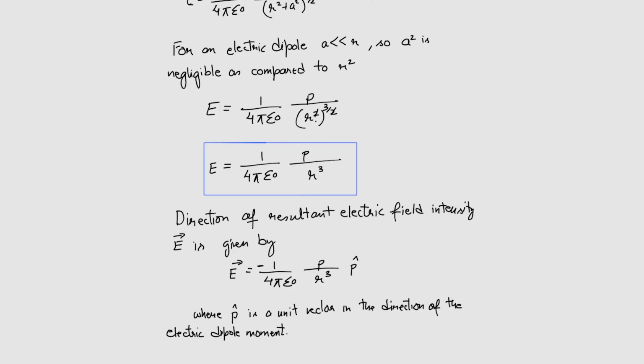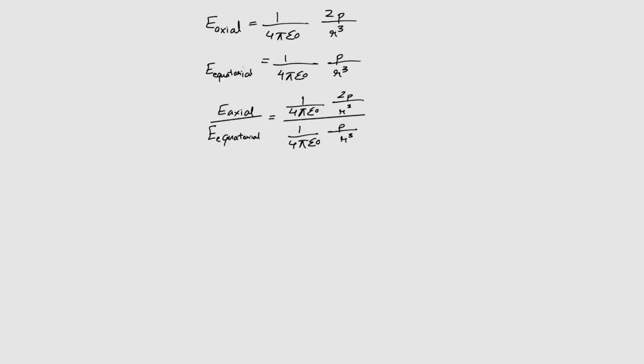Now let us relate the electric field on the axial line to the electric field on the equatorial line. The expression for the axial line is 1 by 4 pi epsilon naught 2p by r cube, and for the equatorial line it is 1 by 4 pi epsilon naught p by r cube.